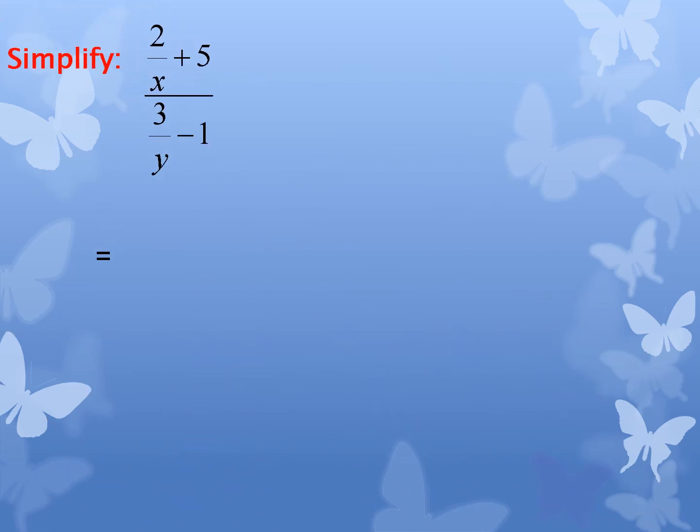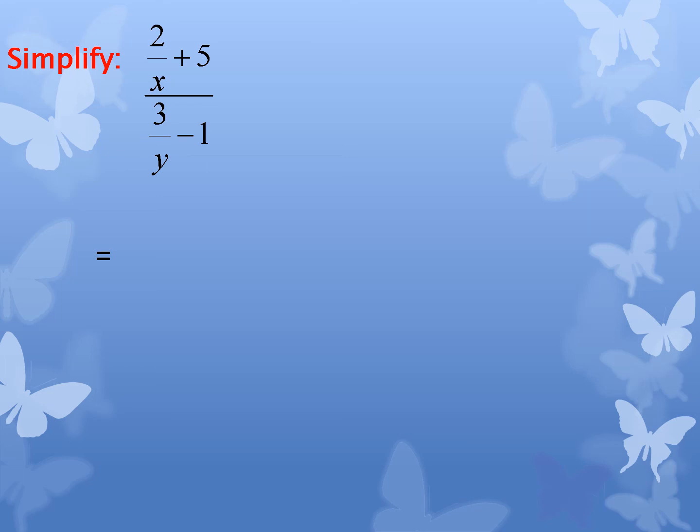All right, let's look at our last example. They want us to simplify 2 over x plus 5 divided by 3 over y minus 1. Now, essentially, this is an example where we have two rational expressions inside a rational expression.